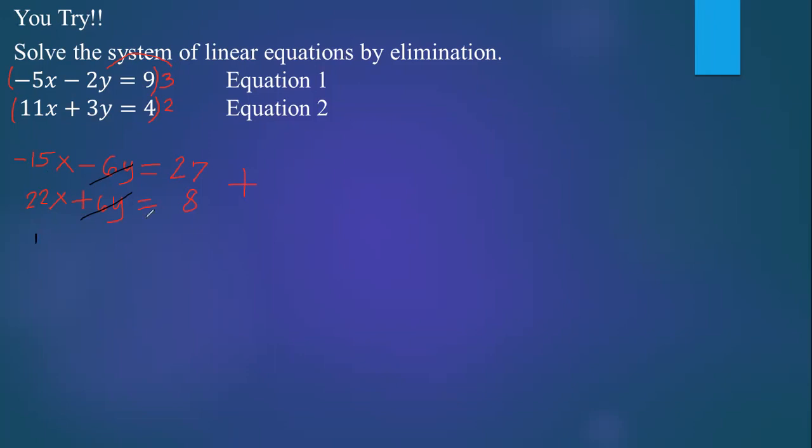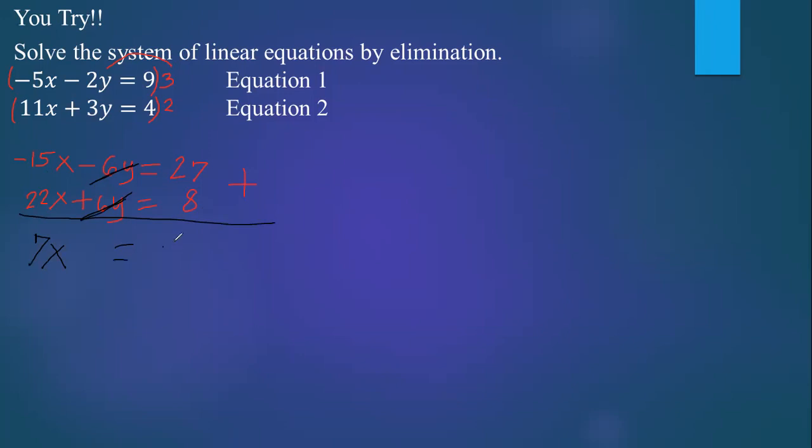So we combine those terms, and we have here 7x. And then we can eliminate y, right? Equals 27 plus 8.